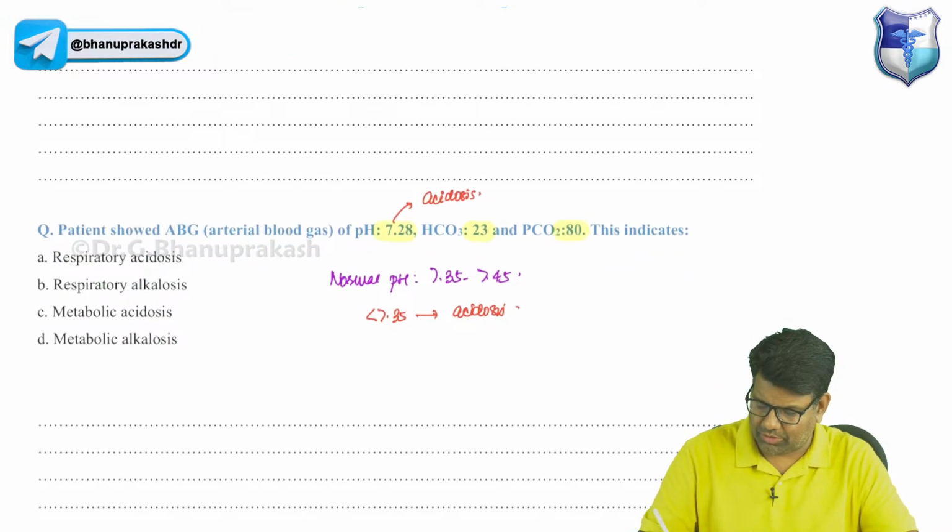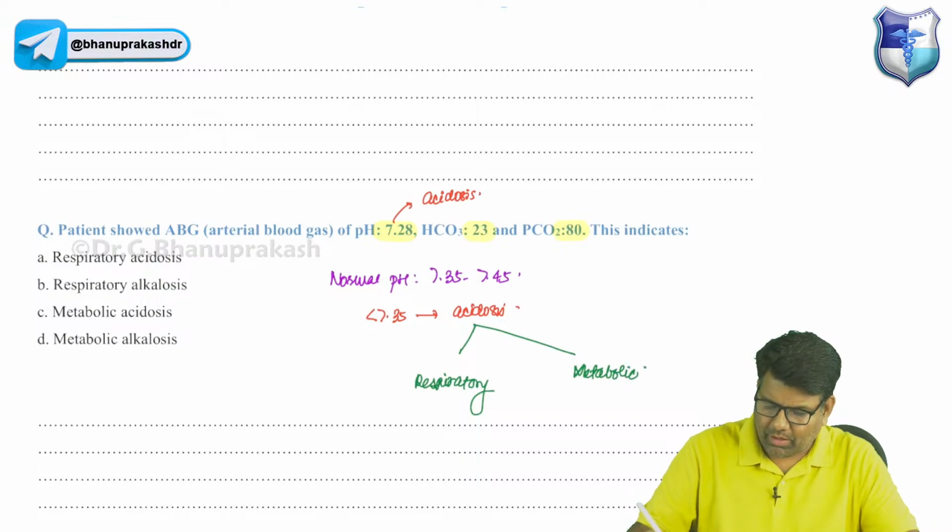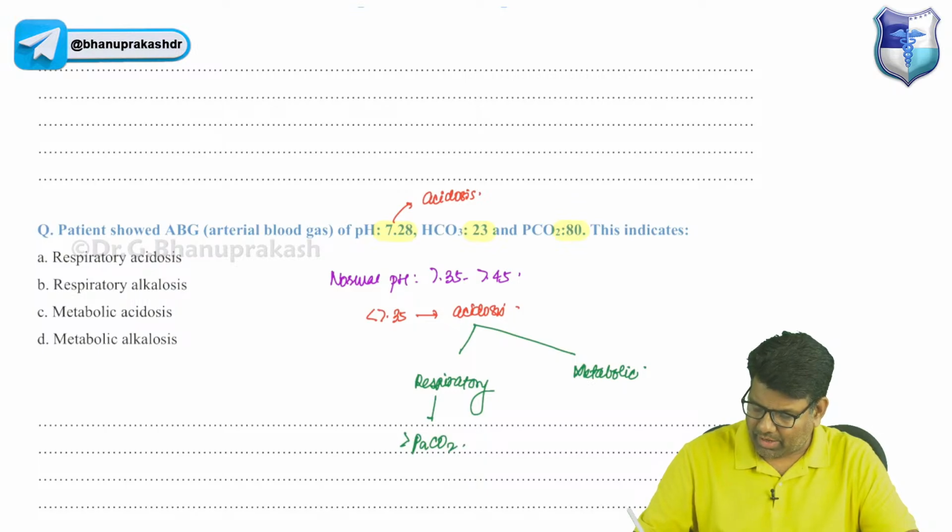Now, for acidosis, you can have two reasons. Either it can be respiratory or it can be metabolic. Respiratory acidosis will result when the PaCO2 is more, and metabolic acidosis will result when there is low bicarbonate.